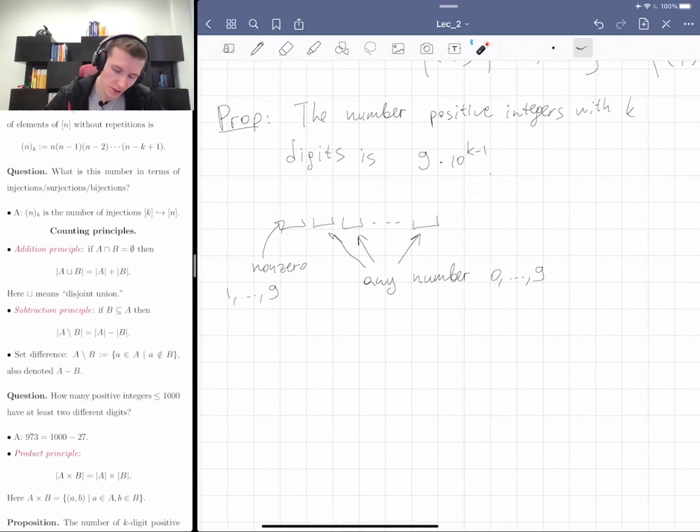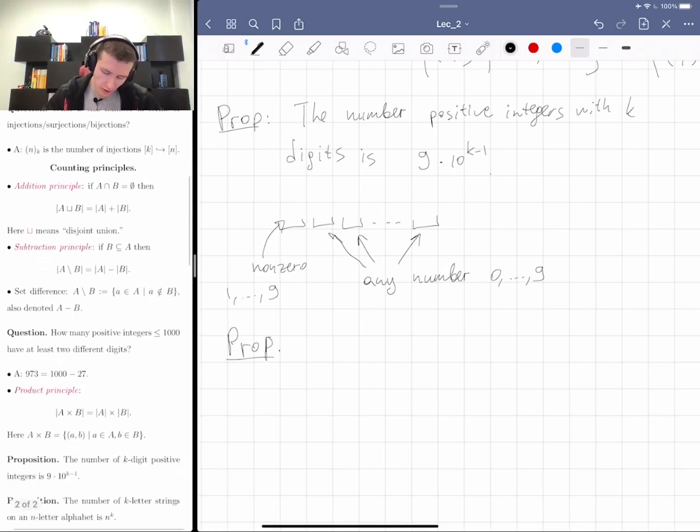And let me also mention another much more useful fact, which we're going to need later. Here it mattered that the first number is non-zero, but in general we're going to consider sequences of arbitrary words in k letters.